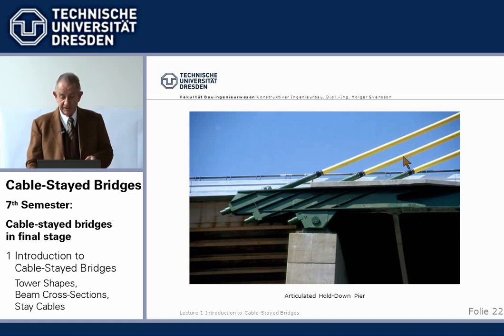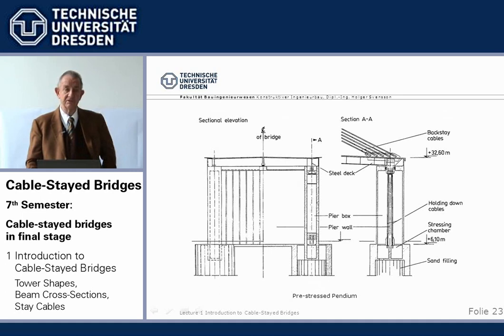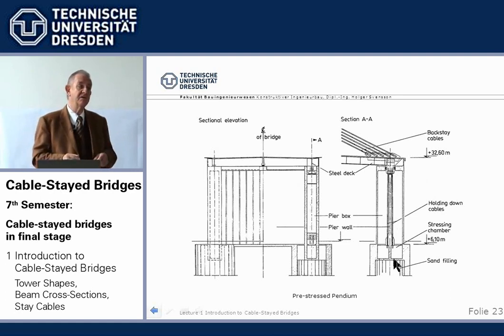The easiest is, here comes the cable, we take a pin and hingedly connect it to a slender pier which can follow the movements. That's one possibility. Another used formerly very often is to make pendulums. We have the cables coming down and we use a long pendulum with hinges here and there to tie the vertical forces down.